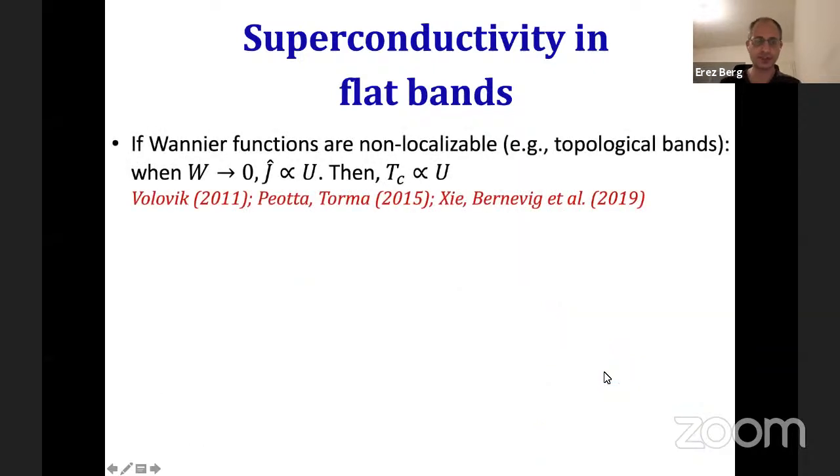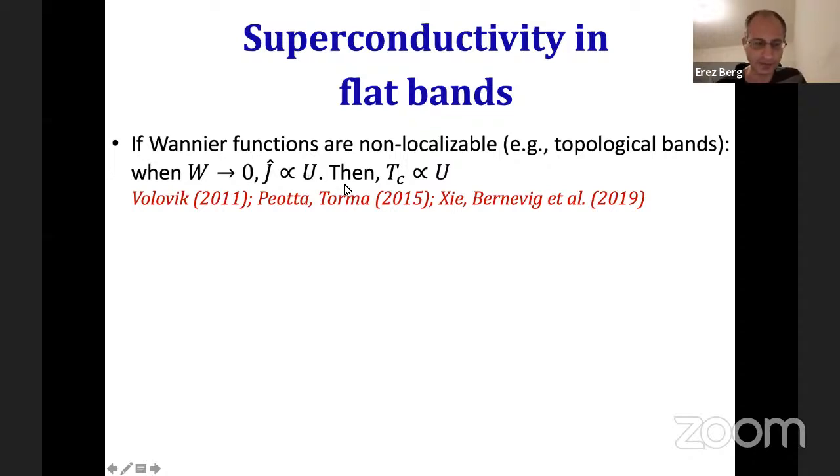So this leads to an intriguing idea that if you have extended Wannier functions spanning the active band, for instance, if these are topological bands, you know that you actually cannot find a localized Wannier basis at all. Then actually what you'll get is that even in the limit where the bandwidth goes to 0, the single particle kinetic energy goes to 0, the current operator doesn't go to 0. It actually is of the order of the interaction strength.